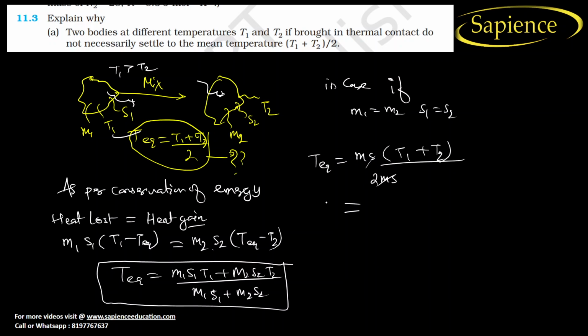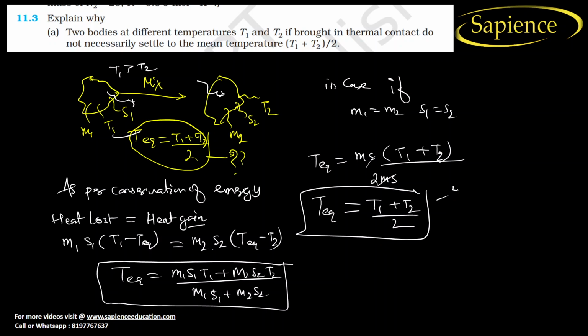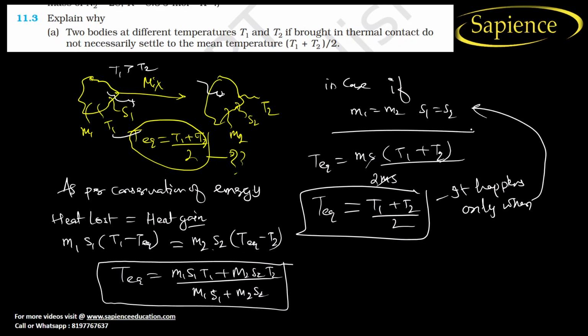So ms cancels. So T equilibrium is equal to (T1 plus T2) by 2. So this happens only when the masses and specific heats are equal. Else we will always get the other result. Okay. So I hope you have understood.